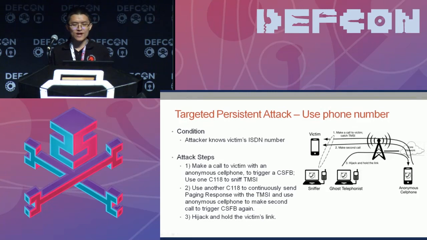Our sniffer will log the whole procedure, including paging response, call setup, etc. Please notice the call setup signaling contains the caller's phone number. That means we can locate the specific call setup signaling and trace back to find the corresponding paging response, and finally extract the victim's TMC. Now we have our victim's TMC, so we can follow the steps we mentioned before to hijack the victim.